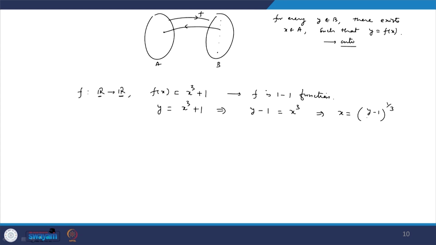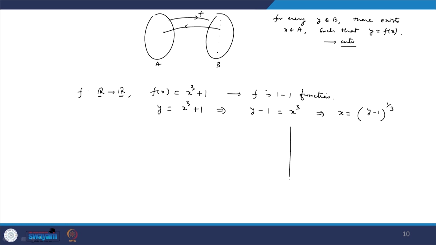If you take any real number y, there will always exist a cube root of that number and that will be x. So for every real y in B, where B is R in this example, there will exist a pre-image in A. So that means this map is an onto map.